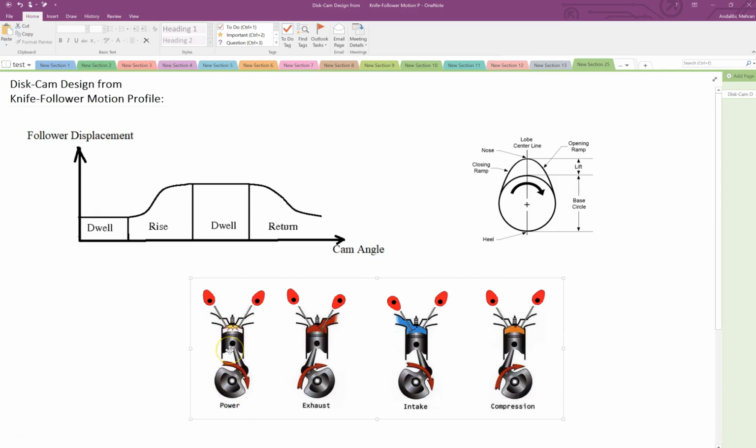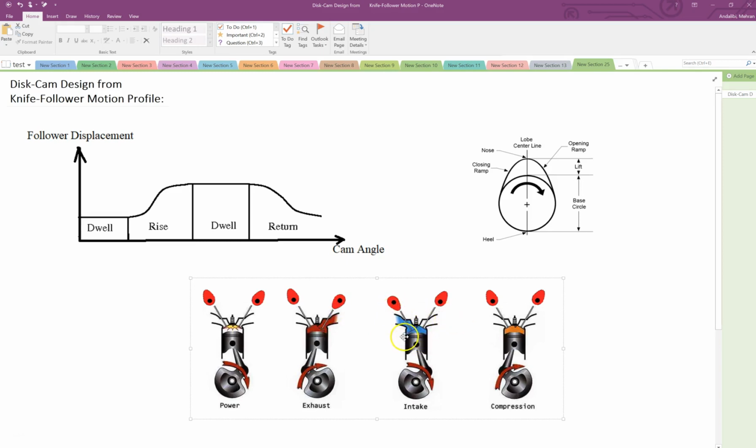These guys go down, okay, and they still stay there. When this one comes back, now the exhaust valve opens, so the cam pushes it down, and the exhaust mixture is basically going out of the exhaust valve.